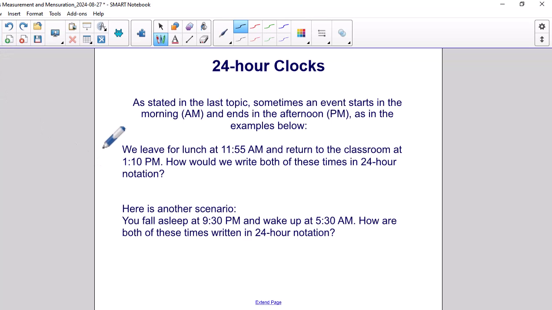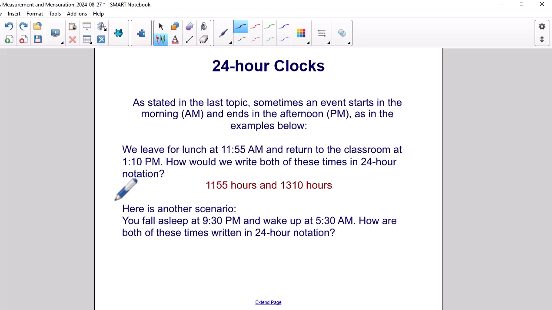We leave for lunch at 11:55 a.m. and return to the classroom at 1:10 p.m. How would we write both of these times in 24-hour notation? 11:55 a.m., since it is before noon, we write it as a 4-digit numeral, 1155 hours. For the 1:10 p.m., we add 12 to the 1 and express that as 1310 hours.